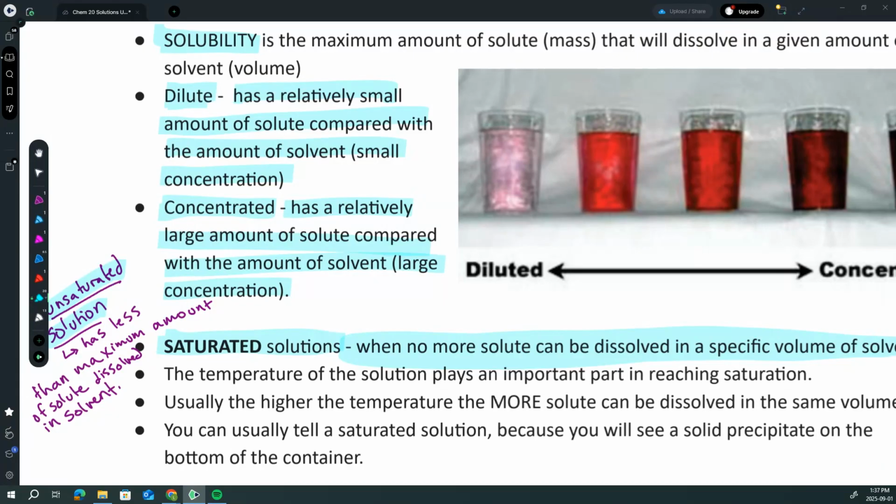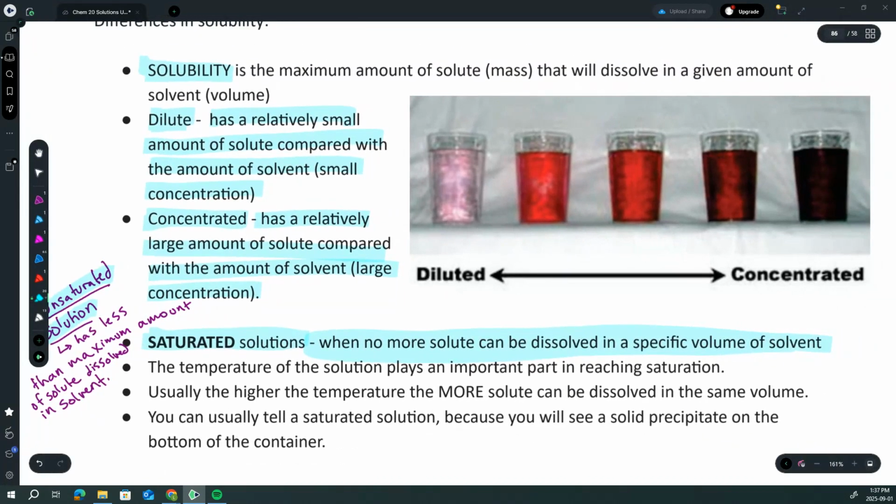Okay, so usually the higher the temperature, the more solute you can dissolve in the same volume. So that applies specifically to most solid solutes. It's going to be a little bit different for gas solutes, but this applies to solid solutes.